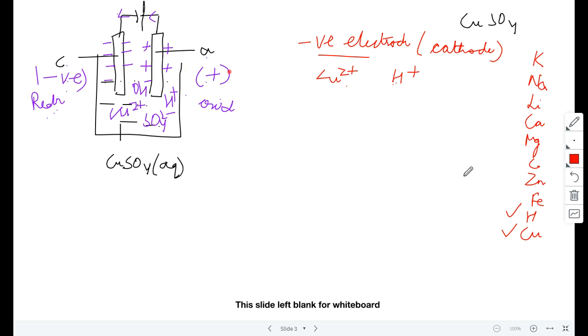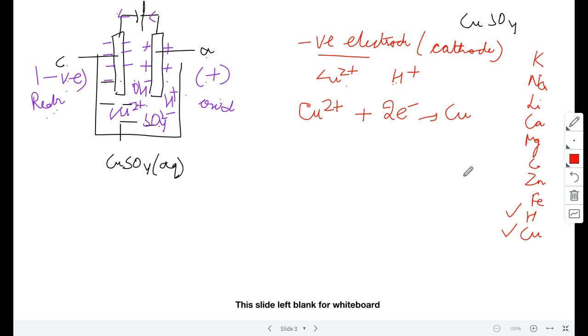Right? You understood? Yes. And then you can write the half ionic equation for that also. What will be the half ionic equation? It will be this, right? Yes. You know how it has come up? Yes. Sure?